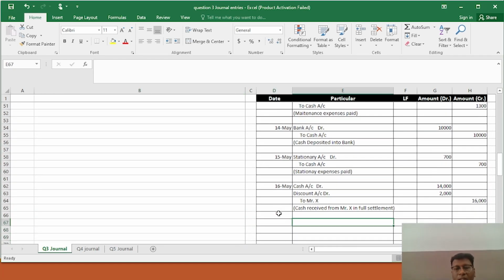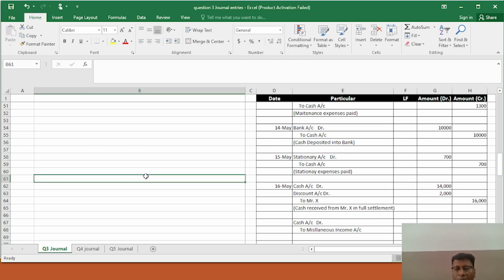Cash coming in is debit, so the cash account would be debited here. It would not be proper to mention the newspaper or the sales account; you have to mention to miscellaneous income account.